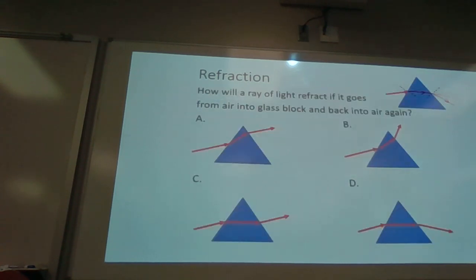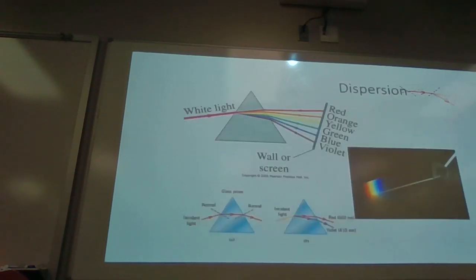This is like, whoa, a pretty big turn. When white light makes some crazy big refractions, changes in direction, it causes the white light to separate into the different frequencies, different wavelengths of light.